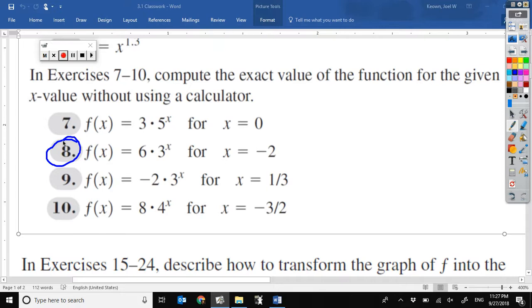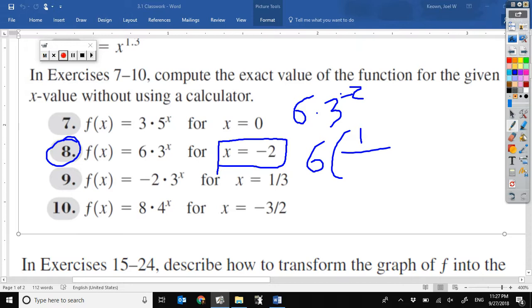So number 8 says I do 6 times 3, and then I'm substituting this in for x. So negative 2. Well, that negative tells me I do a reciprocal, so this is going to be 6 times 1 over 3, and since I did a reciprocal, it's now a positive 2.